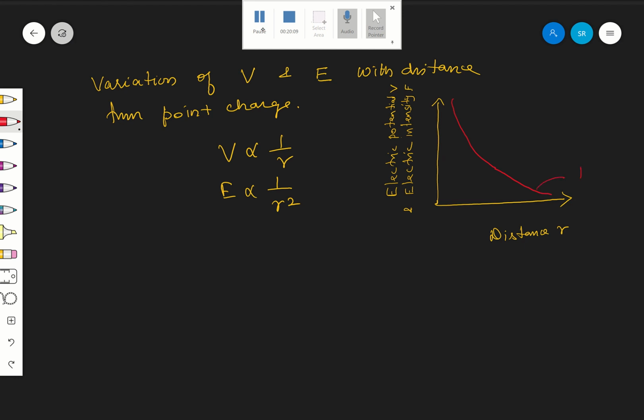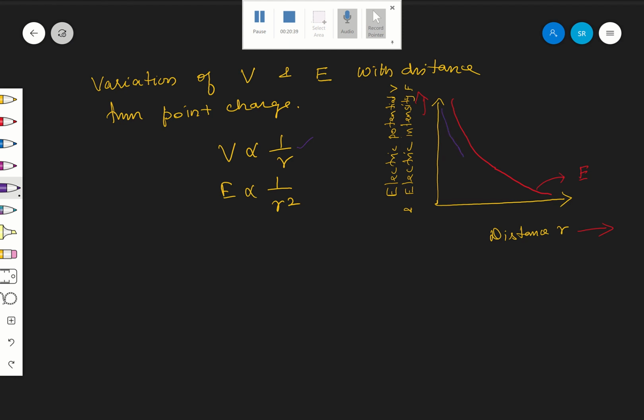This is for the variation of electric field intensity with R. This distance is this. Now I want to plot how the potential varies. Potential varies slowly, no, because it is inversely proportional to R. Therefore, I'll take from here.